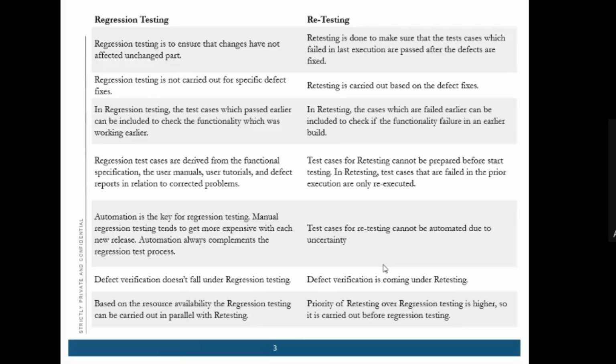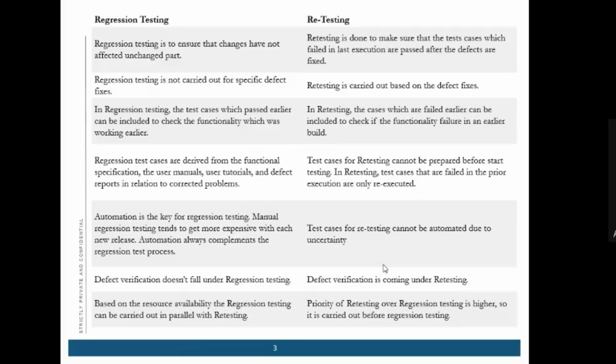So here there are some differences. Regression testing is to ensure that changes have not affected the unchanged part. Sometimes when the developer is rectifying a defect, they also make some changes in the unchanged part, and due to that, another defect is raised.